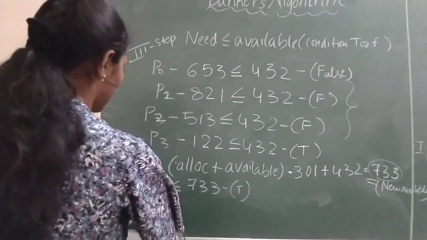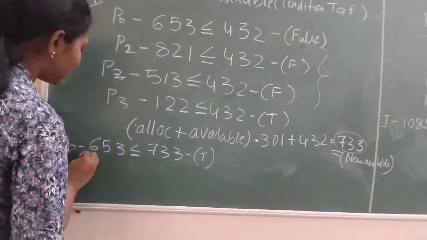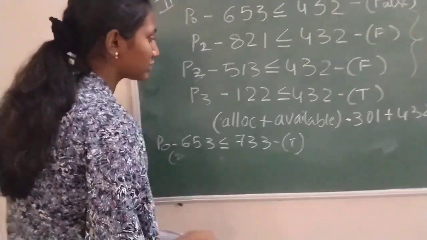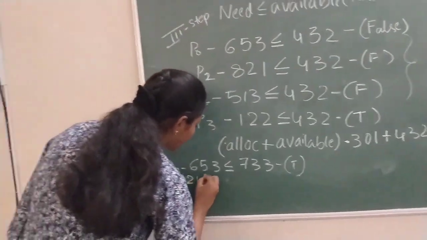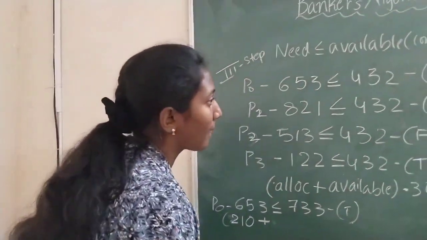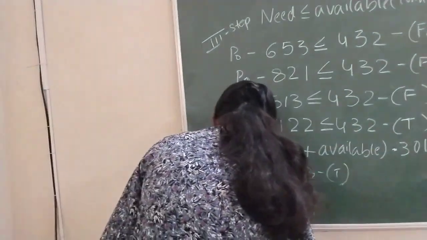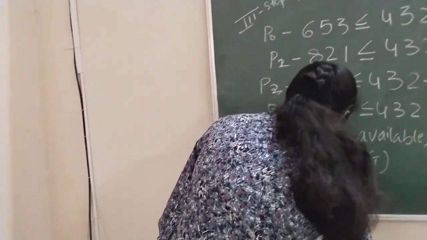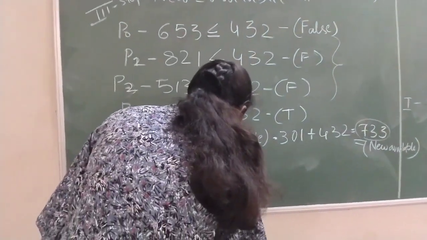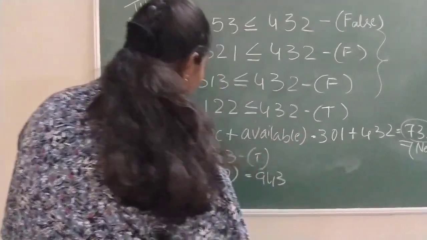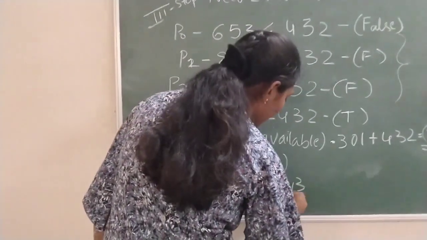Hence, as this condition is true, we have to again add allocation plus available. So the allocation is 210 plus 733. We get 943. This is again the new available.